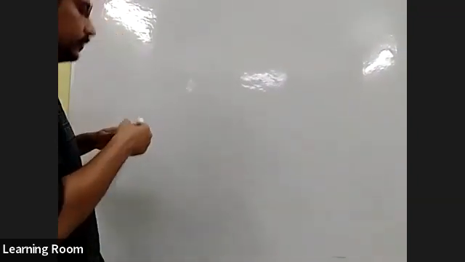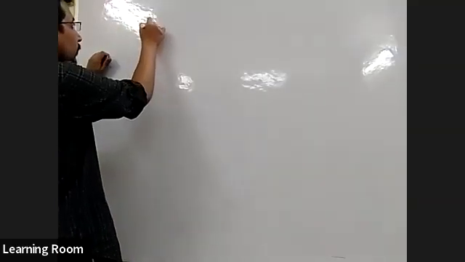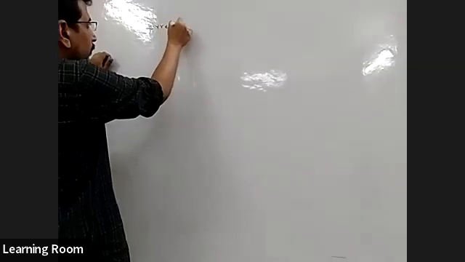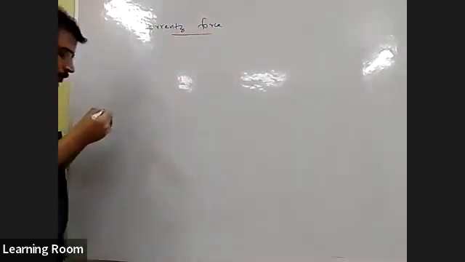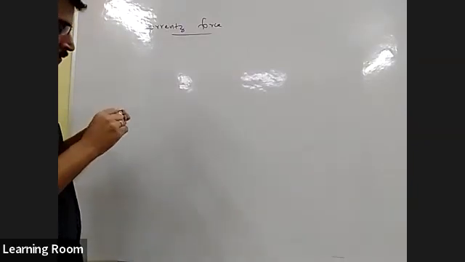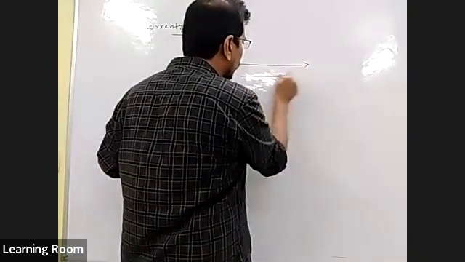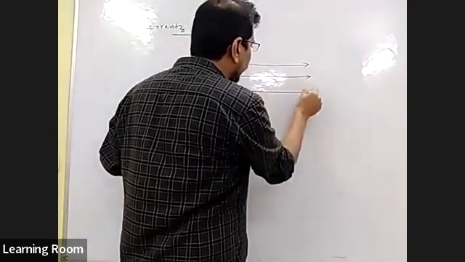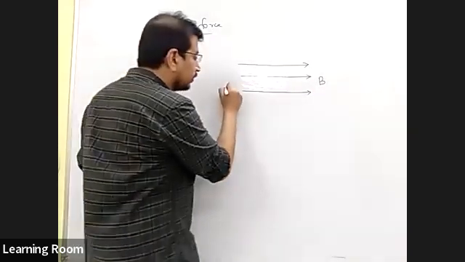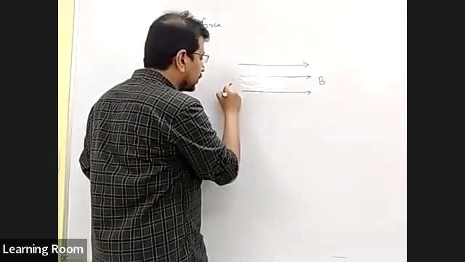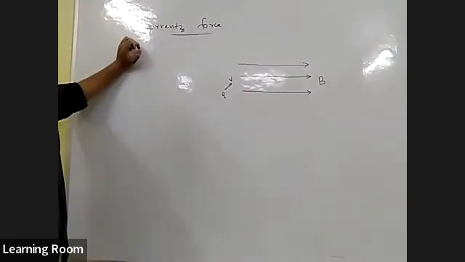So last class we started with Lorentz force, right? So what does it state? If you have a magnetic field existing, and in this magnetic field you have a charged particle which is projected, then what happens to this charged particle?